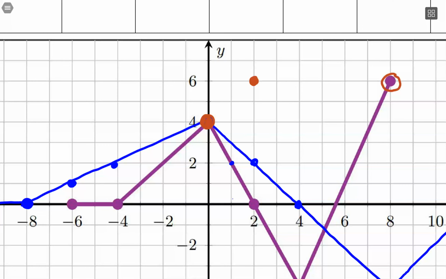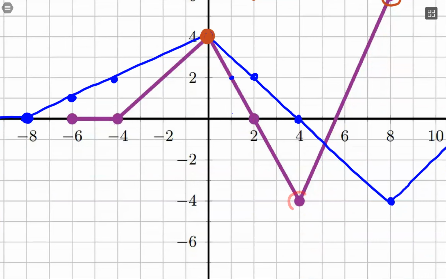So what I can imagine for my other coordinates, like where I was at (4, -4), where I have this distance of 4 right here, I'm going to divide that by 4, so I would just have a distance of 1. Where I have this distance of 2 right here, divide that by 4, 1/2.